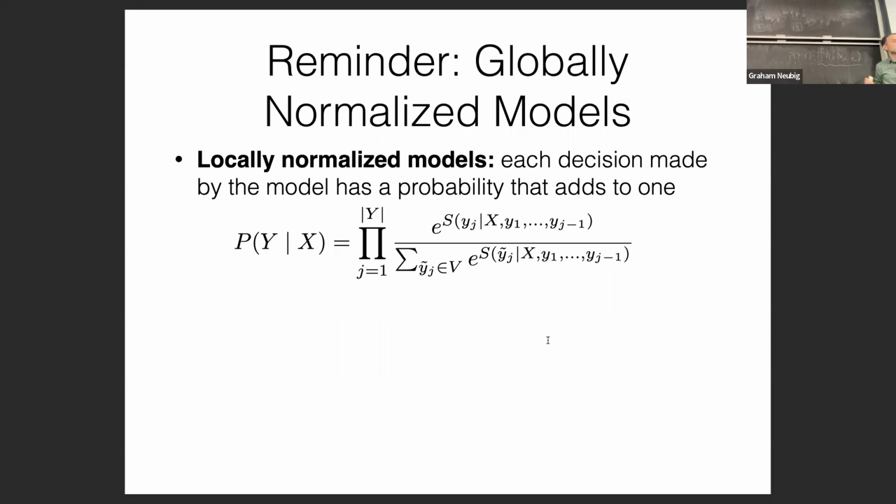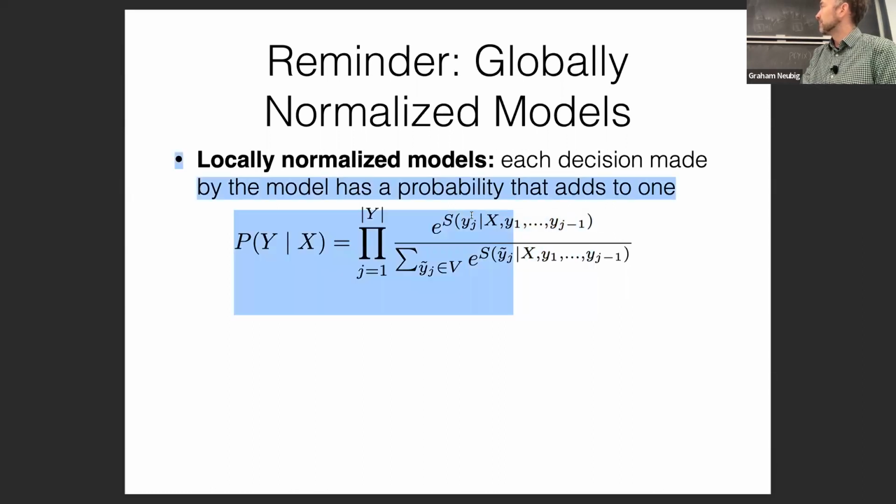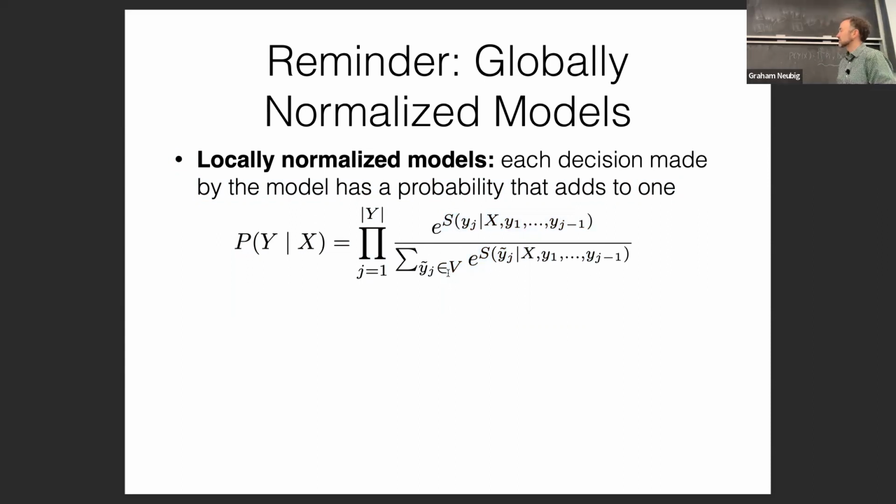You see, we're characterizing the probability of the whole sequence as the product of the probabilities of all of the words in the sequence. And if we go a little bit further and assume the sequence is parameterized using the softmax, using calculation of a logit, this s here being the logit and the softmax over it, then we can further say it's going to be expressed by this function here. And this is called a locally normalized model because every single token prediction we make is normalized to be a probability.